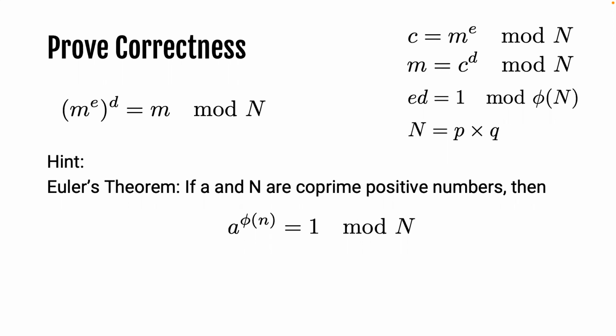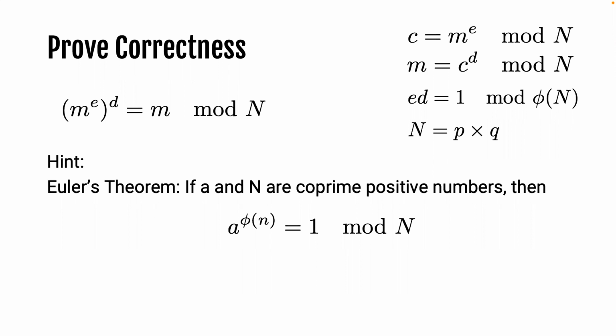So we want to prove that if we design this crypto system using these ways of generating the key and encrypting and decrypting messages, we can always get back to the plain text.